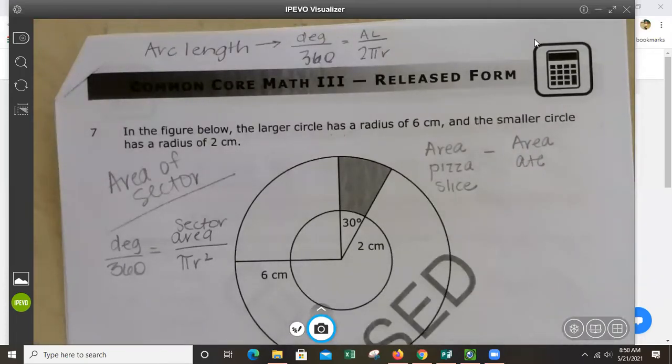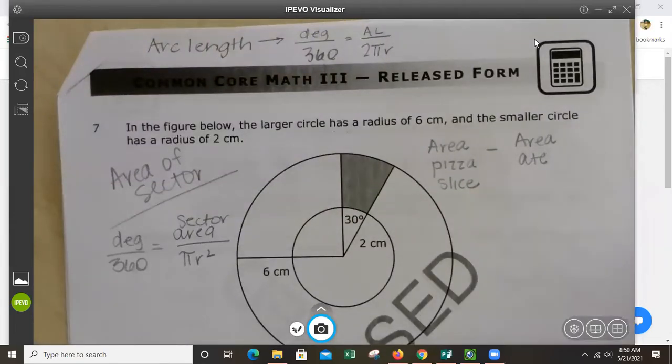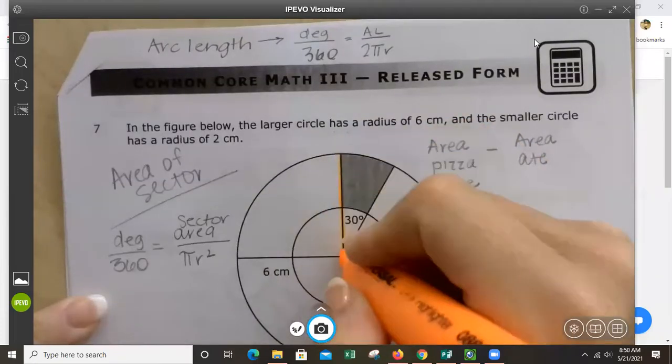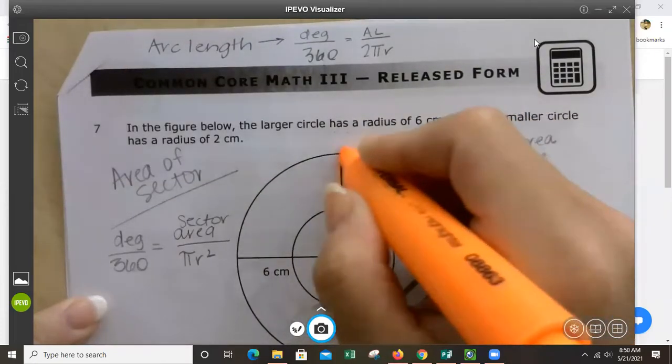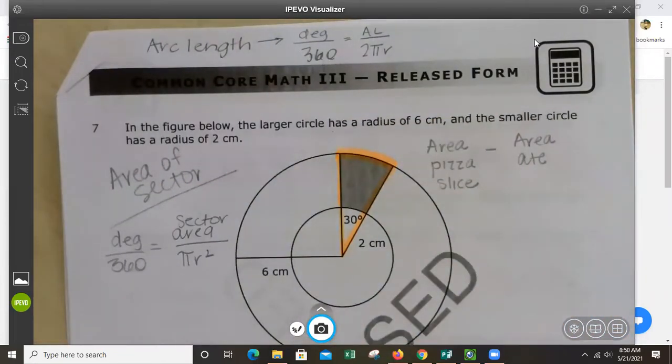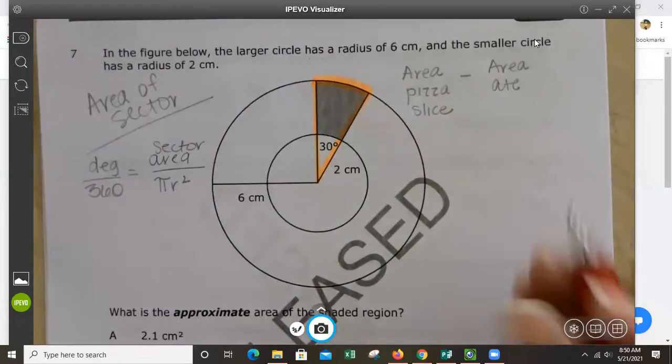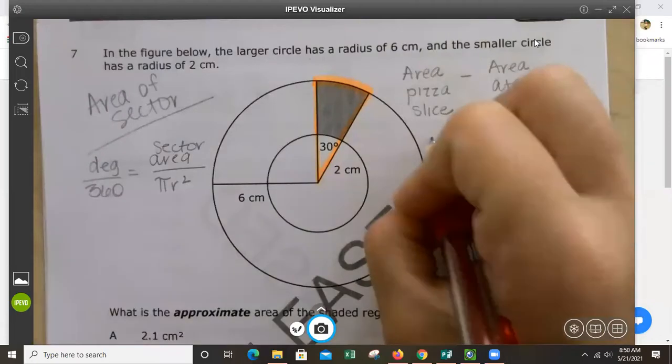A little bit of visual for you to help you out. All right, so here we go. We got to start first with the entire slice. So we got to start with the entire slice. Okay. So what's the degree for that entire slice? 30.